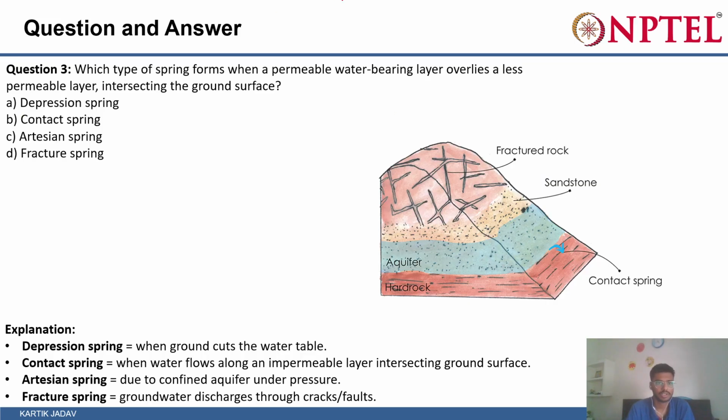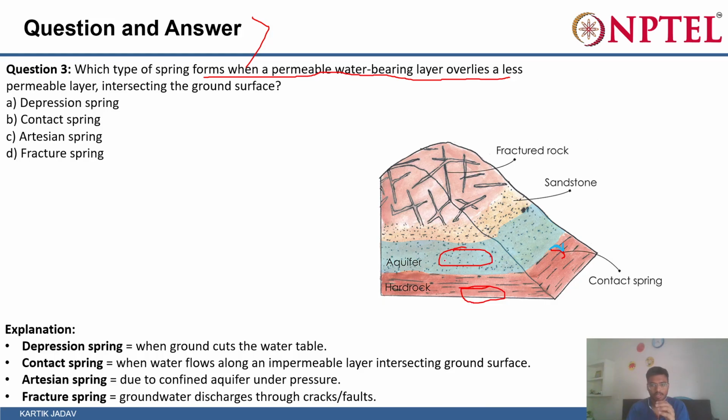Question number three. Which type of spring forms when a permeable water bearing layer overlies a less permeable layer intersecting the groundwater line? So see, a spring is generated basically when a permeable water bearing formation overlies a less permeable formation.